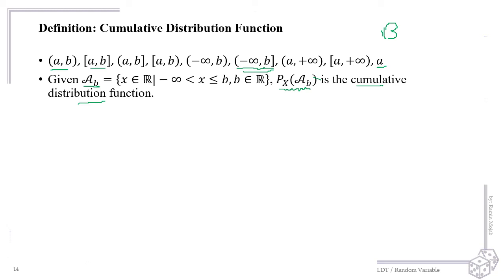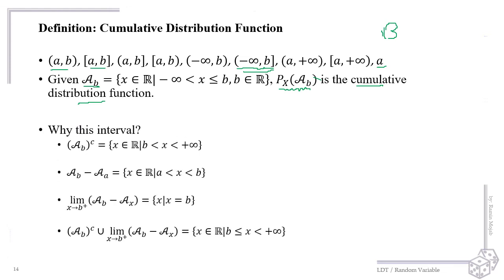Note that no information is lost. For example, if we have the probability that X is less than or equal to b, and we want to calculate the probability that X is greater than b, then we know that this interval is the complement of this interval, and we know that P of E equals 1 minus P of the complement of E, and therefore we can easily calculate these probabilities.